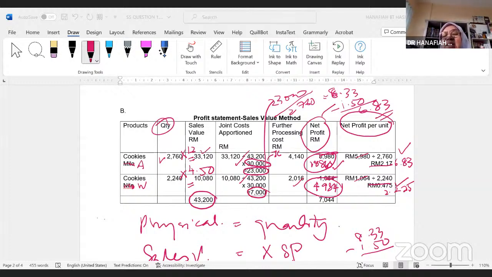As I mentioned earlier, if it is higher than expected, then it will be an abnormal loss of 5,000. The difference between the actual and the expected, or actual minus normal loss, which is 25 minus 20, that is 5,000.